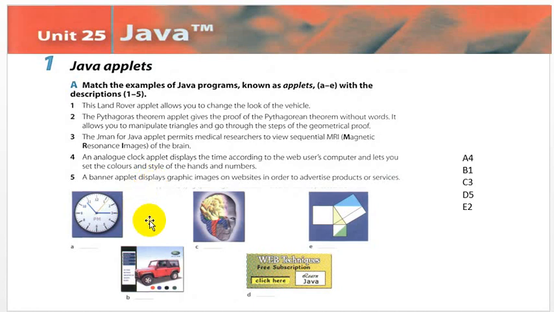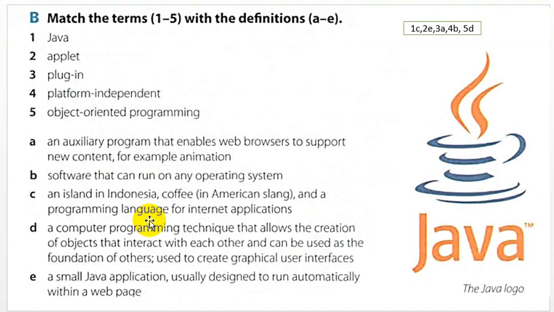That is D. Okay. Match the terms 1 up to 5 with the definitions A up to E. These are the definitions and these are the words or terms. Java, the first one, Java.